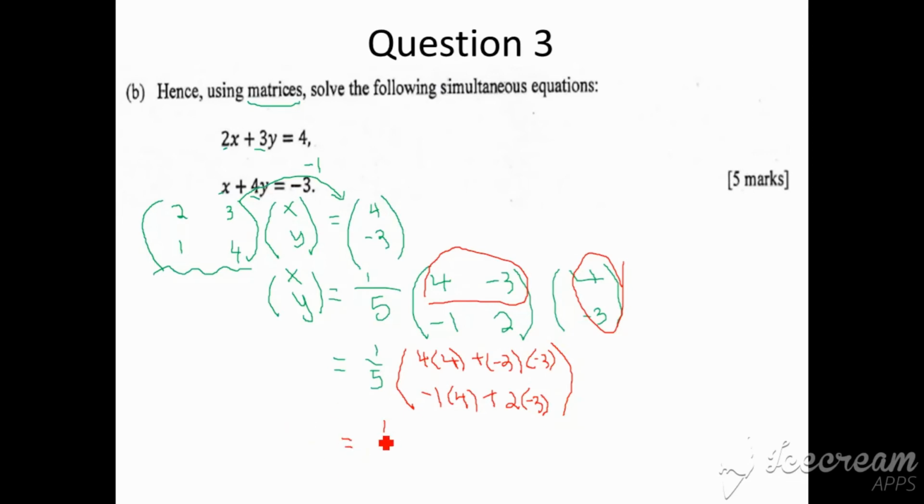Use your calculator: 4 times 4 plus negative 3 times negative 3 is 25. Negative 1 times 4 plus 2 times negative 3, you will have negative 10. Multiply each number here with 1 over 5, so this is 5 and negative 2. So the final answer is x equals 5, y equals negative 2.